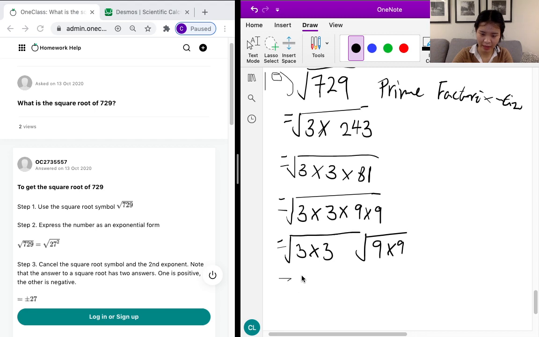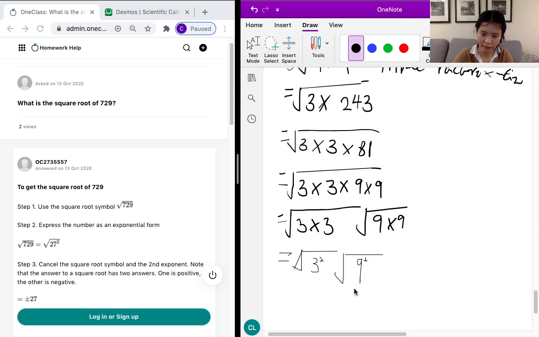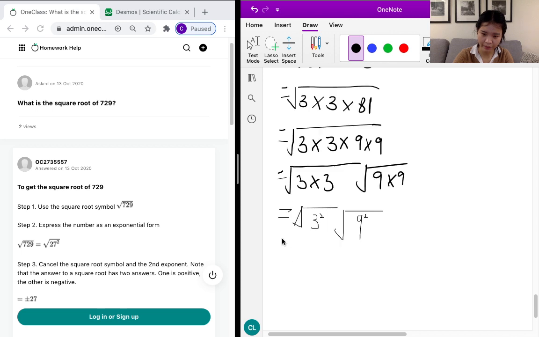Okay, and we have the square root of 3 squared and the square root of 9 squared. And the square roots and the squares cancel out, so we're left with the 3's and a 9. And 3 times 9 is equal to 27.